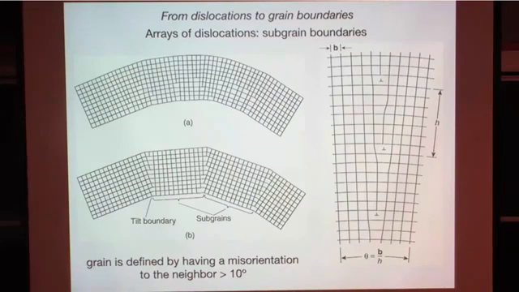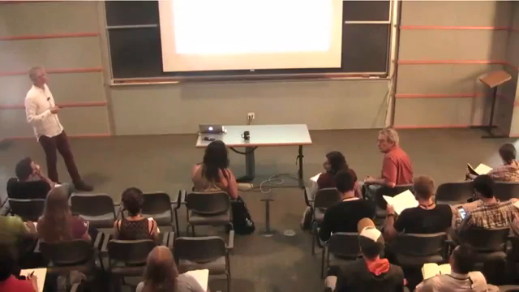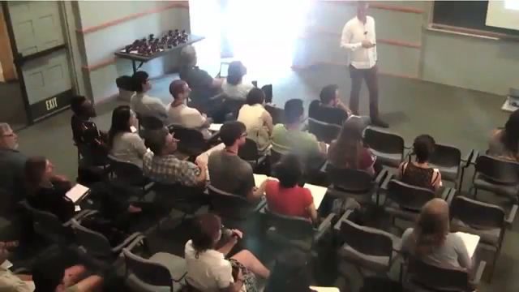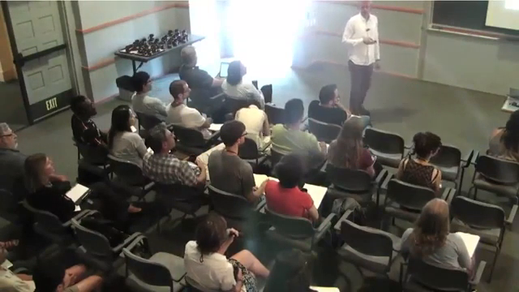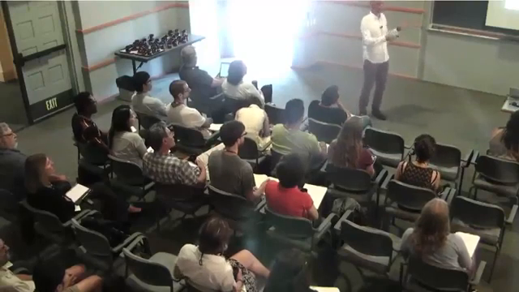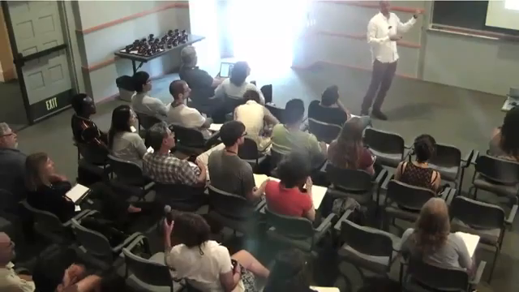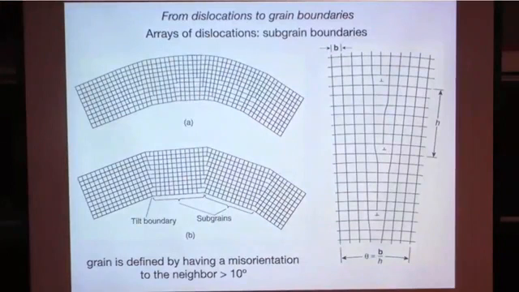Yep? In your picture, in your tilt boundary or your subgrain boundary, the dislocations are evenly spaced. I'm curious if that's a property of grain boundaries, if they are indeed a two-dimensional lattice of defects? No, I'll get to that. So we're continuously floating between these idealized models, which come a lot from materials science, or more in particular metals, right? This is where a lot of this vocabulary and background was first developed, for metals, in the 30s and continuing on.